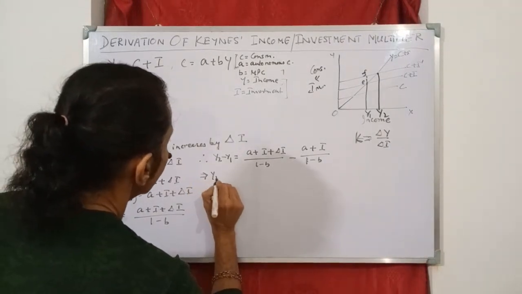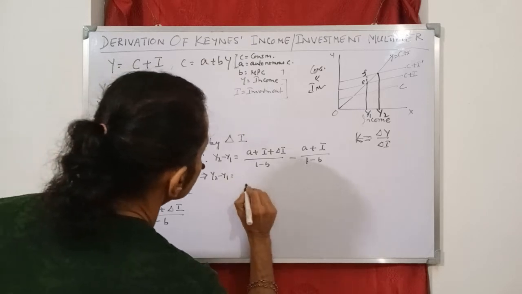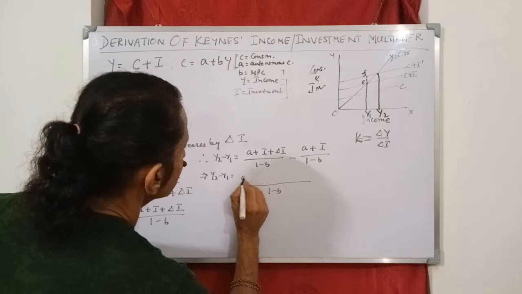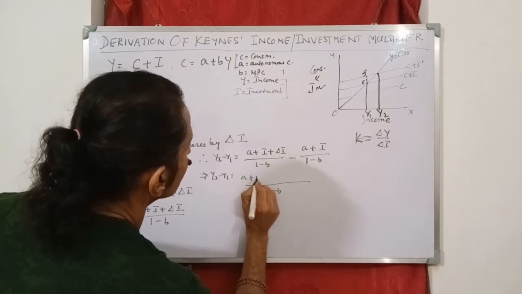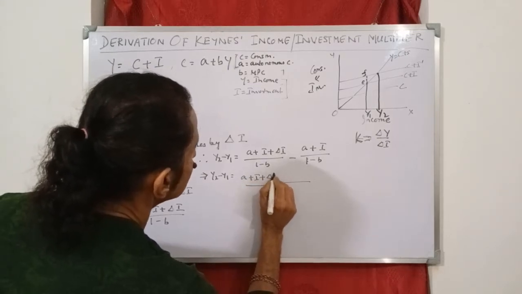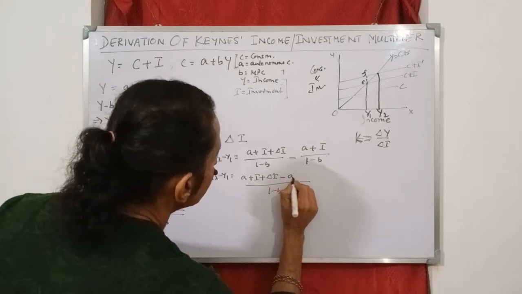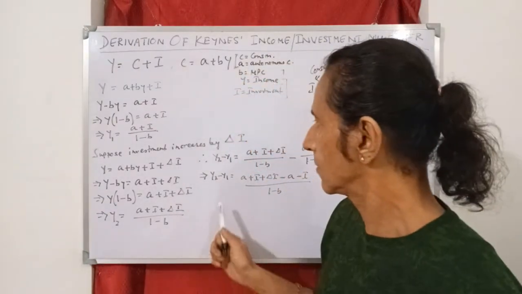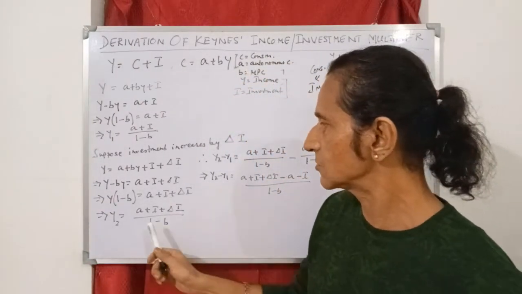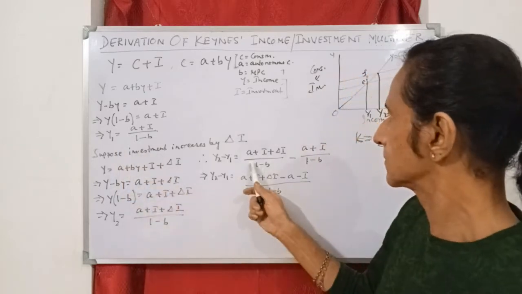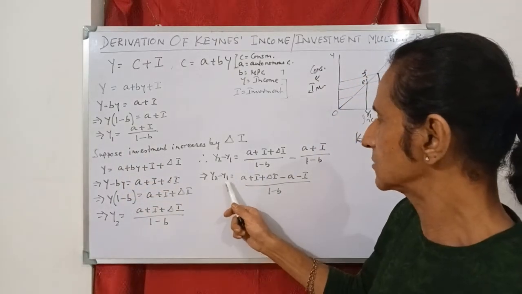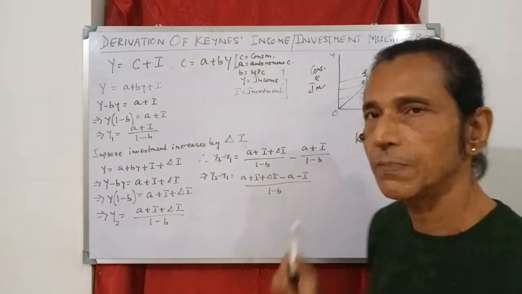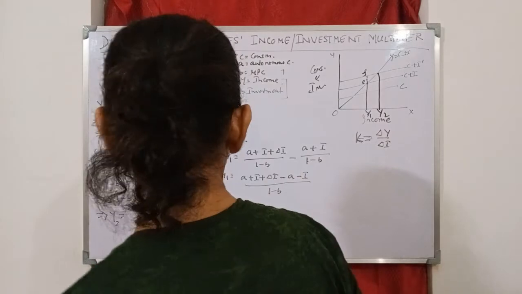So y2 minus y1 equals, over 1 minus b, a plus I plus delta I minus a minus I, correct? y2 minus y1 equals this minus this, so a plus I plus delta I minus a minus I divided by 1 minus b.